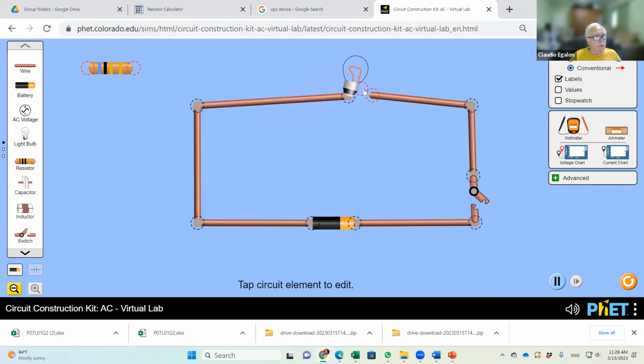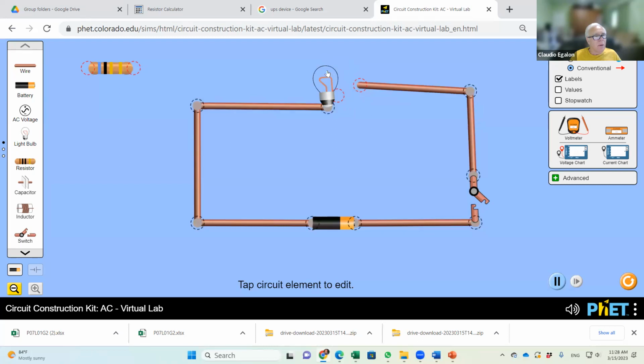Okay, good. I'm going to line up and just want to make it look nicer. Here you go. Now you have a light bulb.